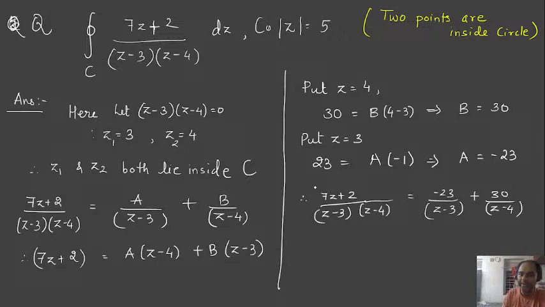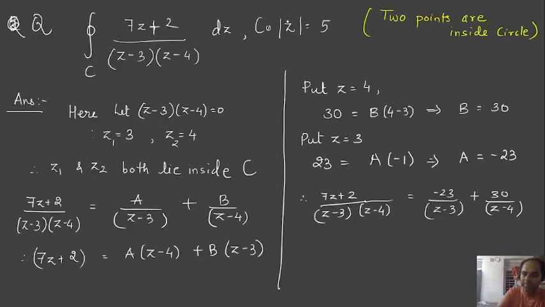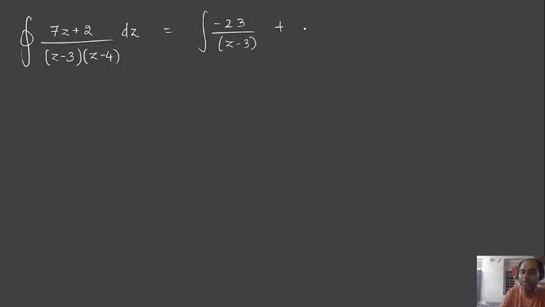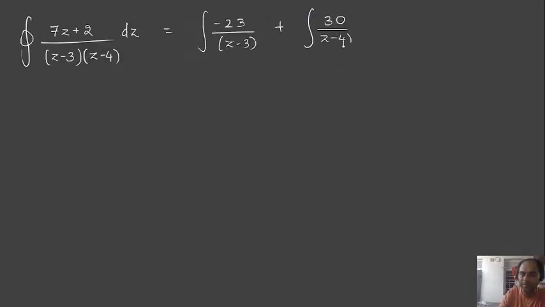Now the integral property will allow us, so when you take the integral of 7z plus 2 over (z minus 3)(z minus 4) dz, it will allow you to write a as minus 23 divided by z minus 3 plus b equal to 30 divided by z minus 4, with dz.